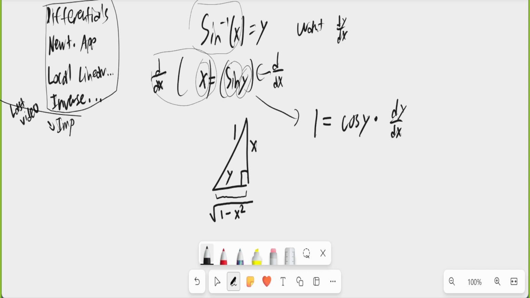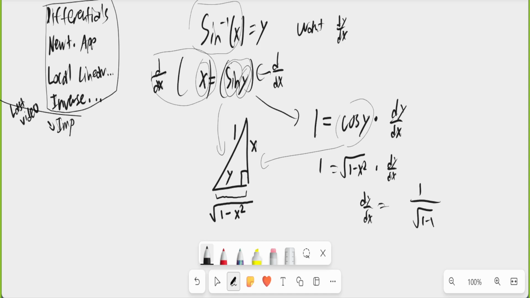Since the original function is based off this ratio, the derivative is too. So cosine y is square root of 1 minus x squared, times dy dx, equals 1. So dy dx is equal to 1 over the square root of 1 minus x squared.